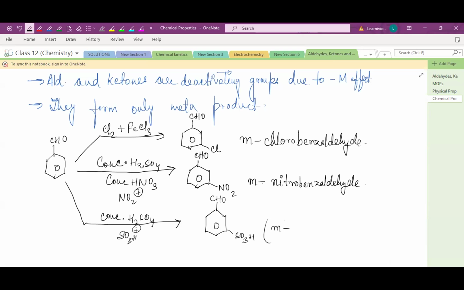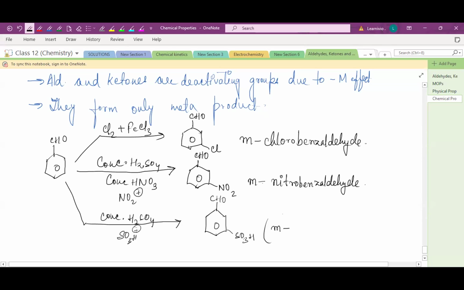Yes, Moniba, just try to name this. Is it formyl benzene sulfonic acid?